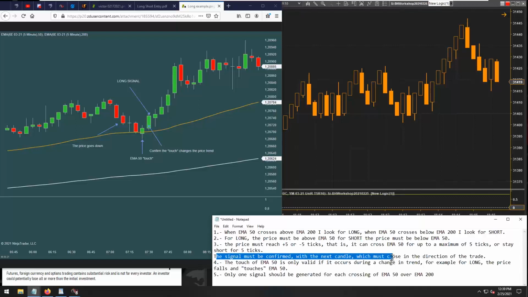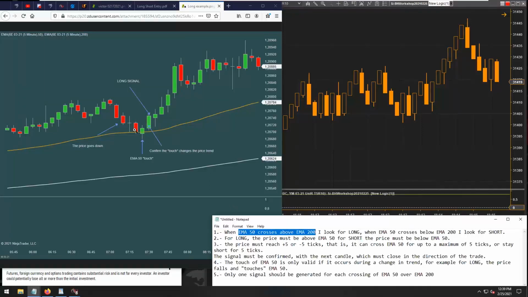Right. So obviously we need the next bar to close in the direction of the trend.